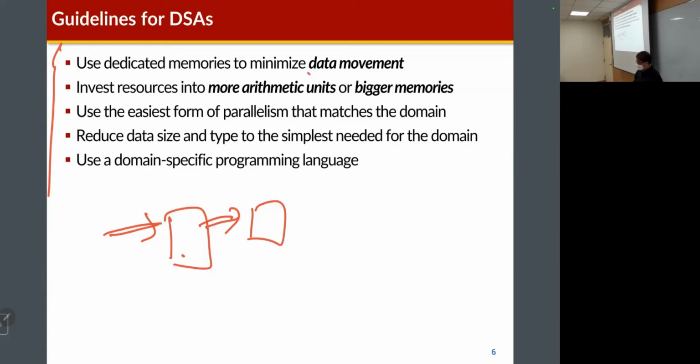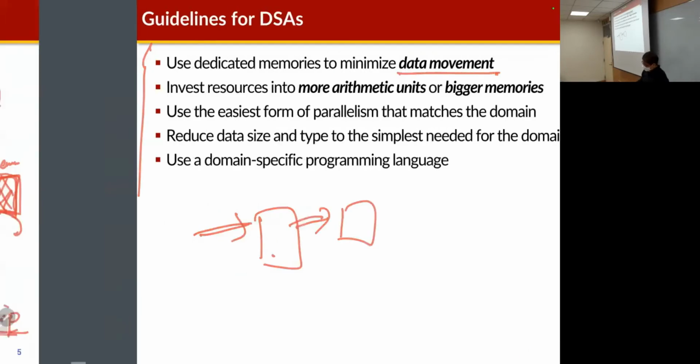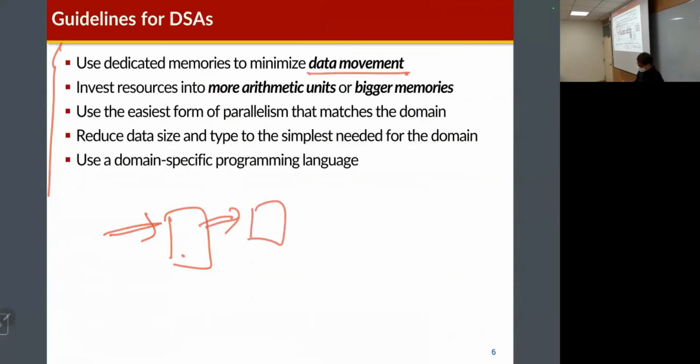Data movement is very important because recently the cost of data movement is much higher than the cost of execution.